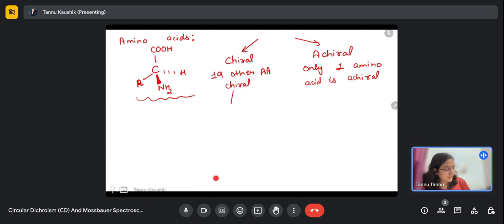If a molecule is chiral, then it will have enantiomers. So there are two enantiomers for amino acids, that is the D enantiomer and the L enantiomer.